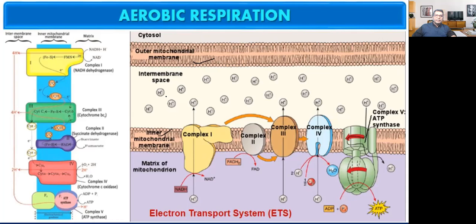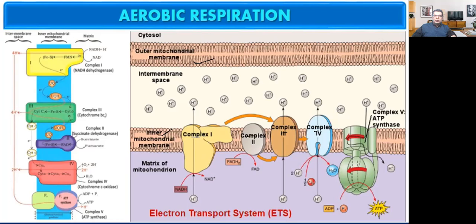In the intermembrane space, a large number of protons are there. These protons are pumped across this membrane from the matrix of the mitochondria through these various complexes. Complex 1 is there, 2, 3, 4, and 5 are there. Here the electrons are transported by these complexes.